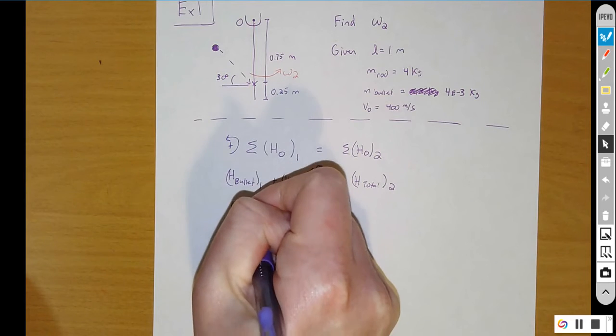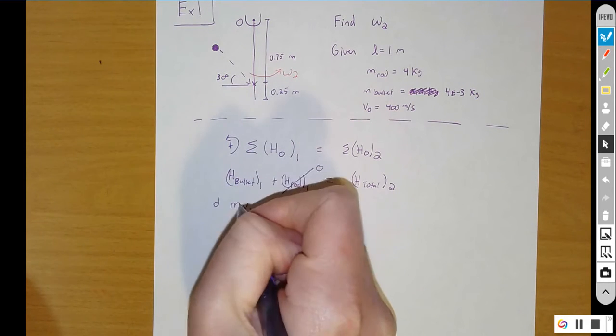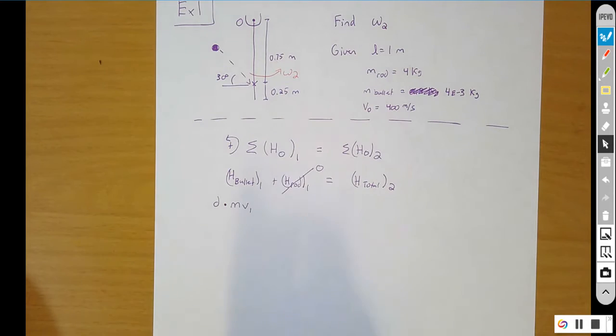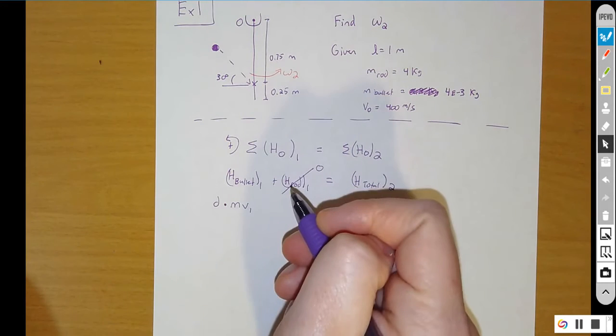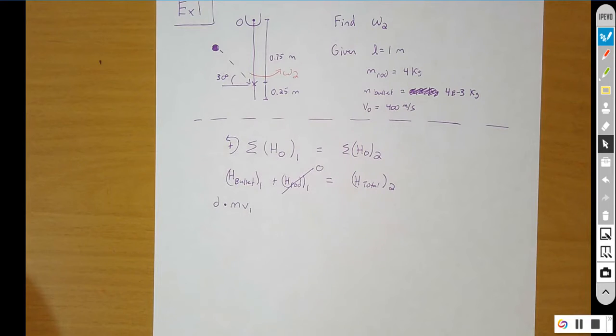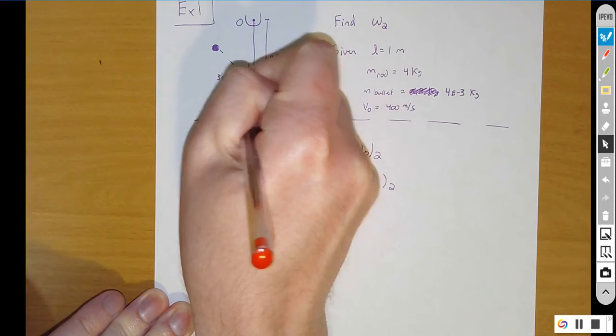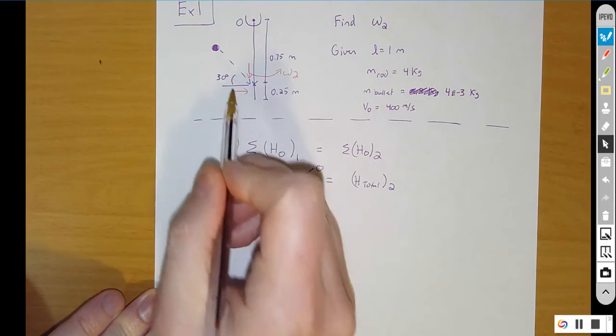So mass times velocity 1. To turn it into angular momentum, if you remember, we then multiply it by d, and that's how we'll get angular momentum. So d m v. And we can only use the tangential portion of it. So we're going to have a portion of this that's downward and a portion of this that is rightward. So only the rightward portion is going to cause rotation.